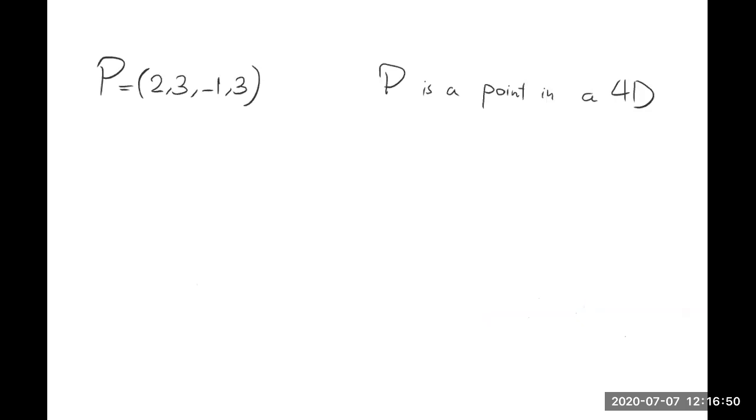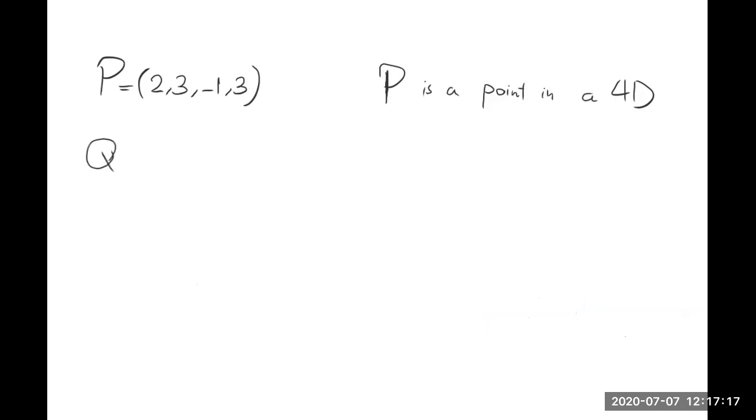Okay, so I can't imagine 4-dimensional space, but let's for a second say, what if there is a 4-dimensional space? Any point in that space should be presented with 4 numbers rather than 3, right? The coordinates are 4 numbers.